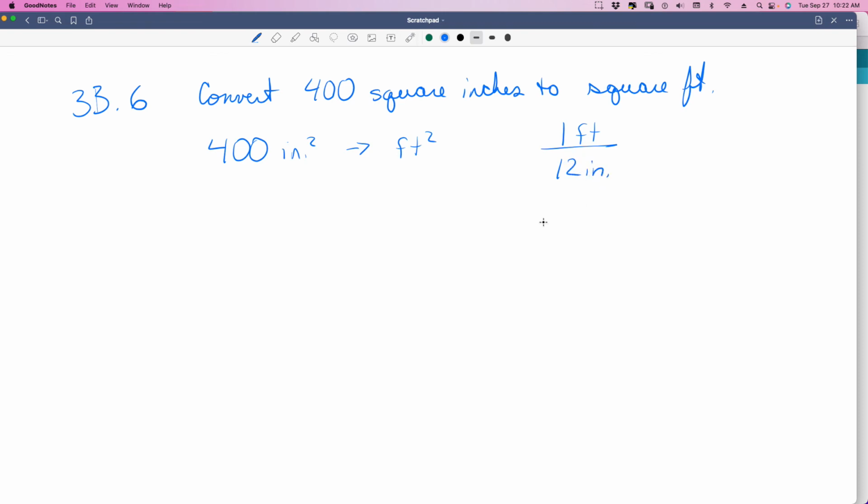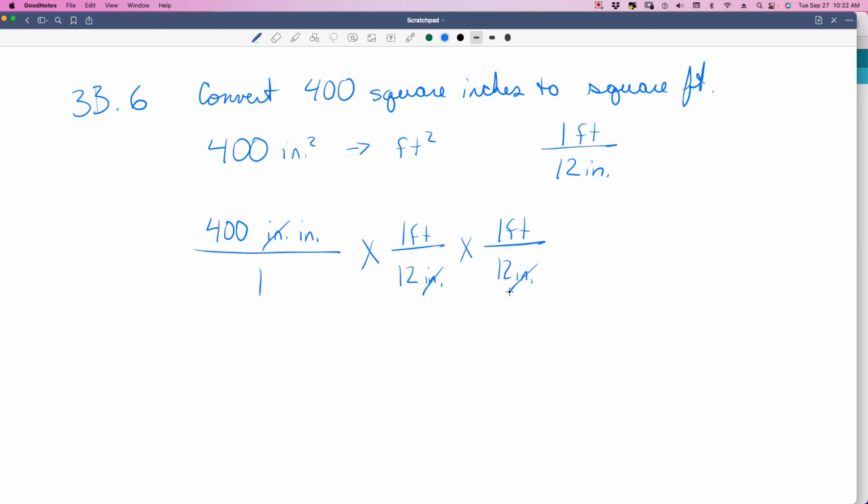Okay? So now we can rewrite this into a fraction. We bring it down and we say 400, and we have inches twice, so inches twice over 1. Now we're going to convert this into feet. 1 foot over 12 inches. That allows me to cancel the first one. 1 foot over 12 inches.